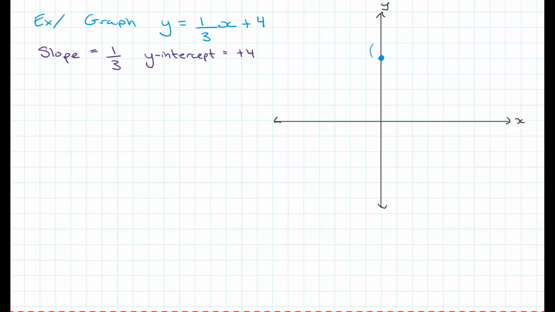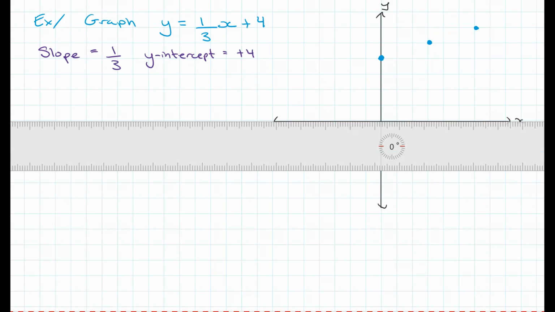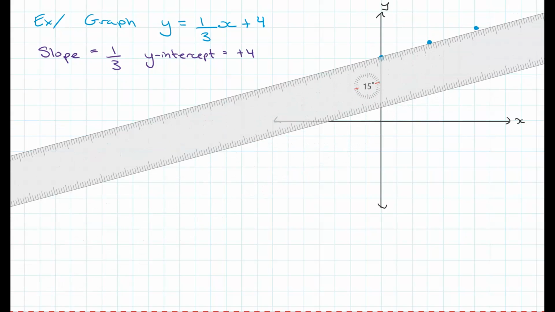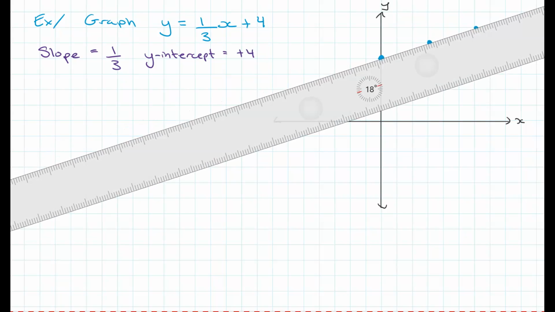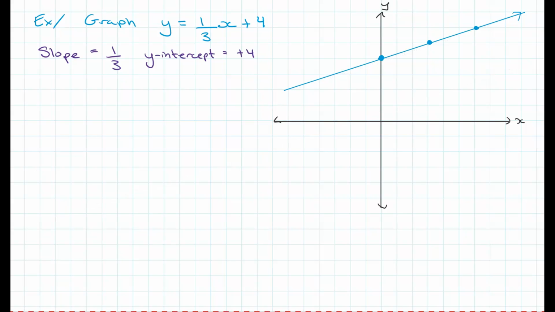I'm going to use that slope, rise of 1, run of 3, to get to my next dot. Rise of 1, run of 3, get my next dot. And erase all my little bouncy lines. Connect the dots with my ruler. And there we go. I've got a graph.